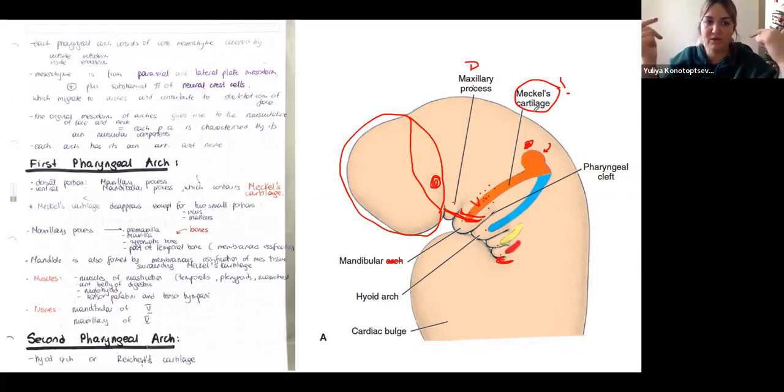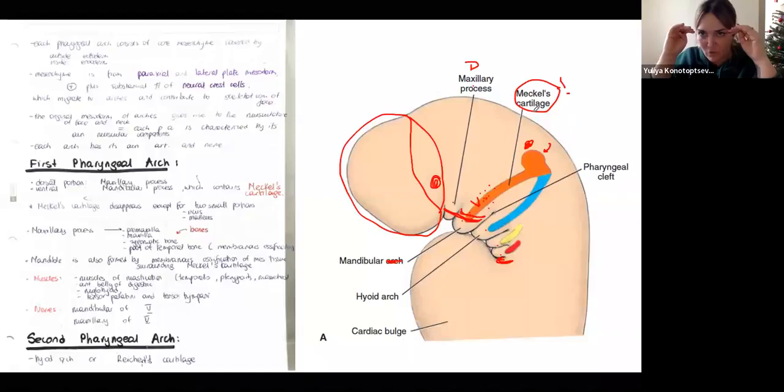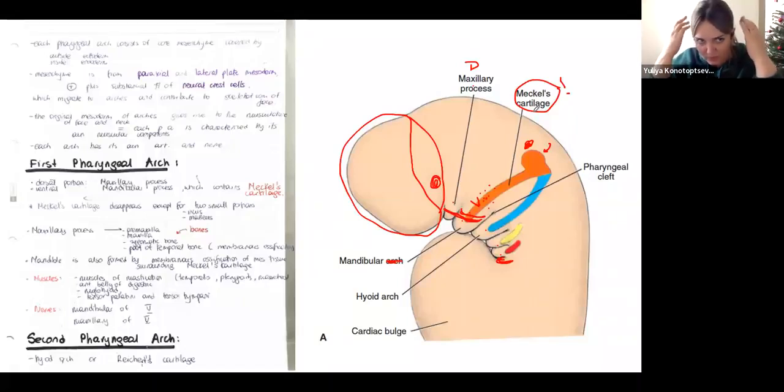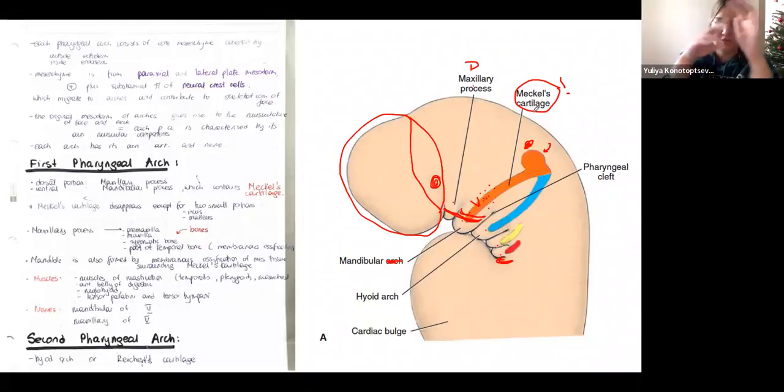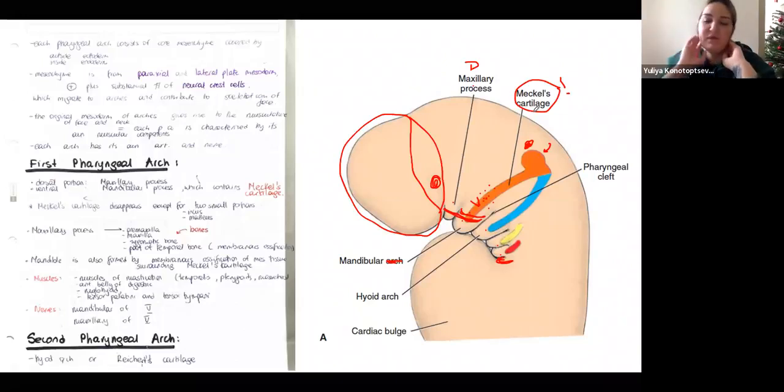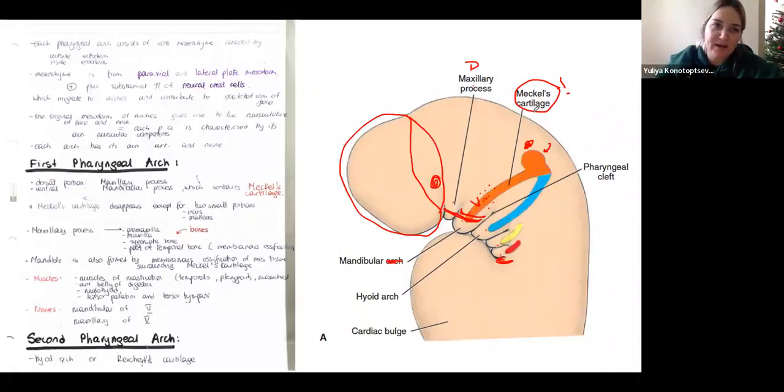So incus and malleus, they will ossify endochondrally because Meckel's cartilage will be ossified and it will become the incus and malleus. And also the base of your skull. So the base, where the brain is sitting on, right? The base of the skull will also not be ossified intramembranously, it's going to be ossified endochondrally. So those are the two exceptions in the face.